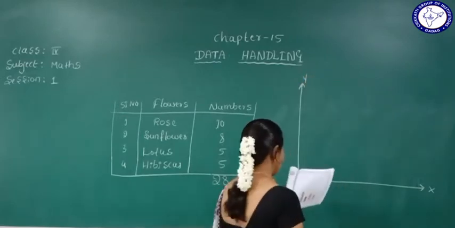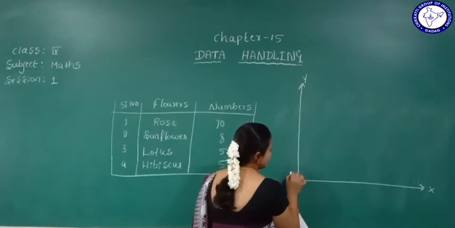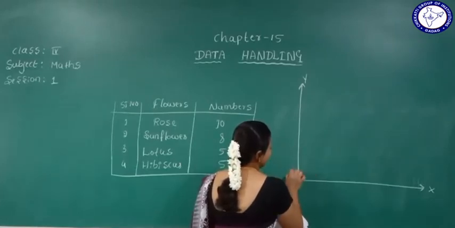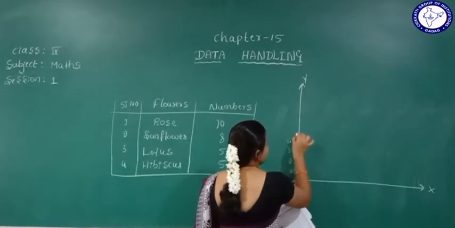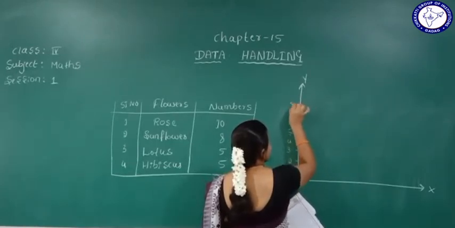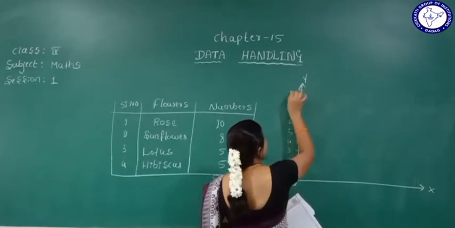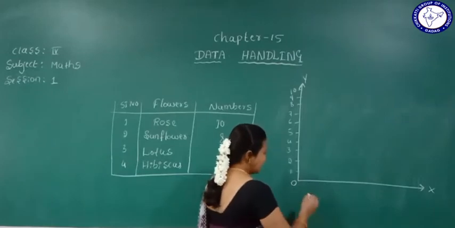Here in the y-axis, 0 is there already, then 1 2 3 4 5 6 7 8 9 10.